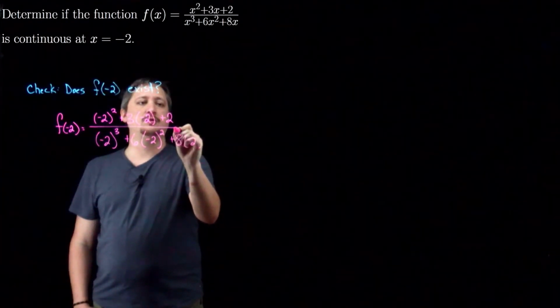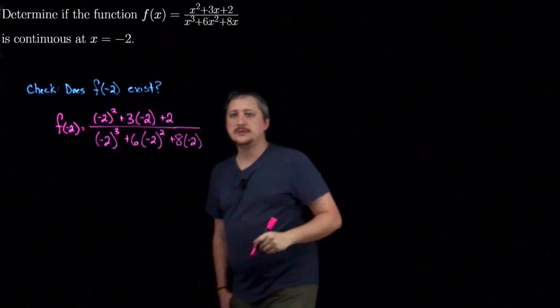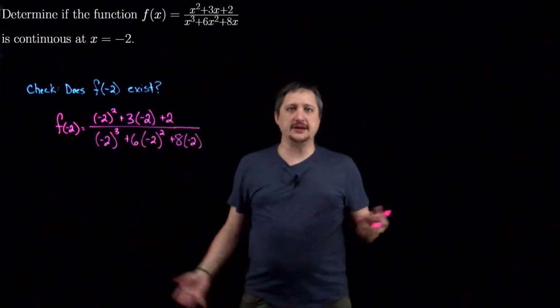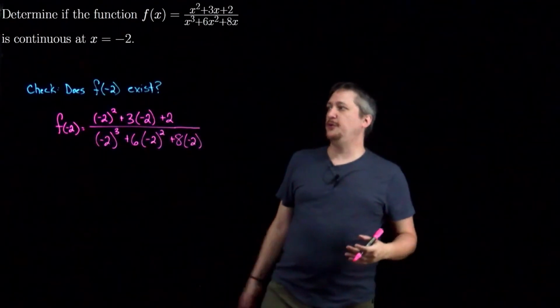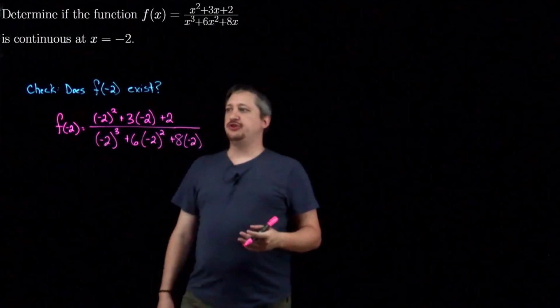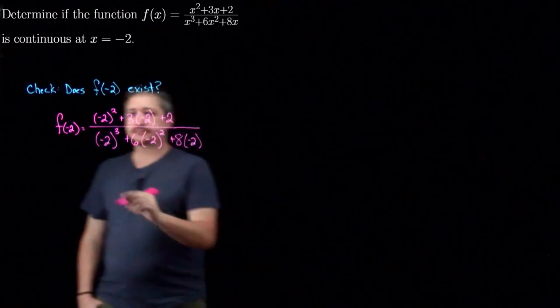I guess I didn't make my bar quite long enough. There we go. So again, all I'm doing is plugging it in. I want to see if the thing is well defined at this point. So now I'm just going to plug and chug. Go ahead and compute, right?